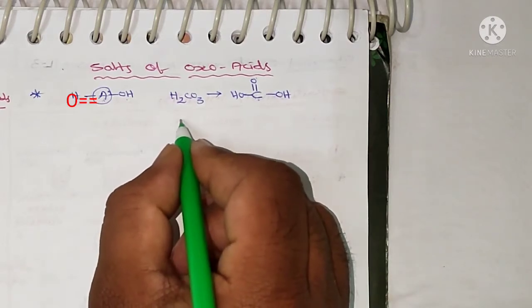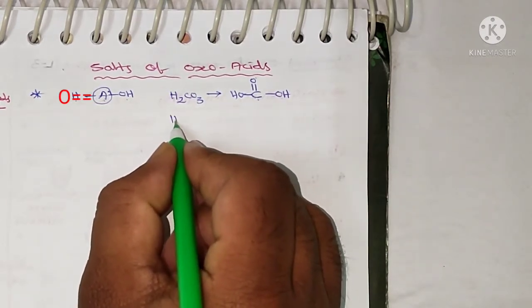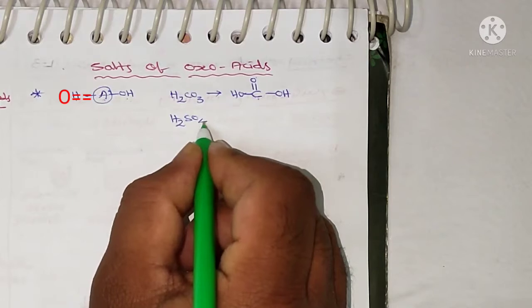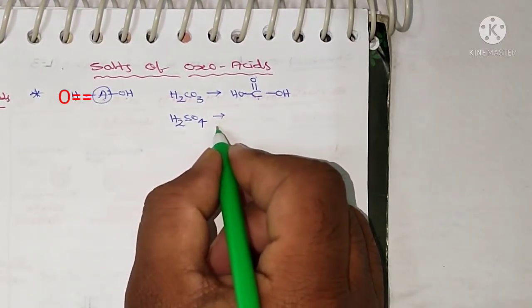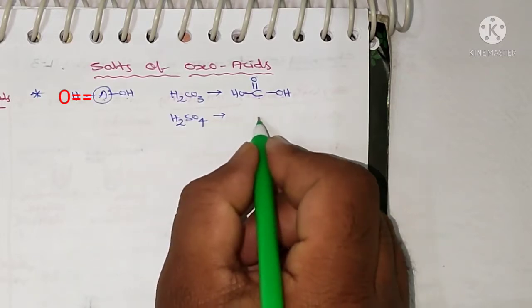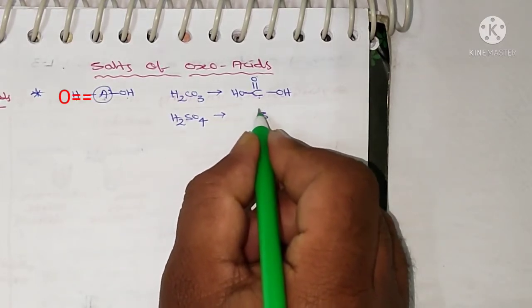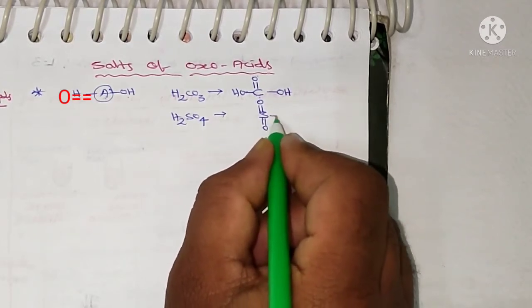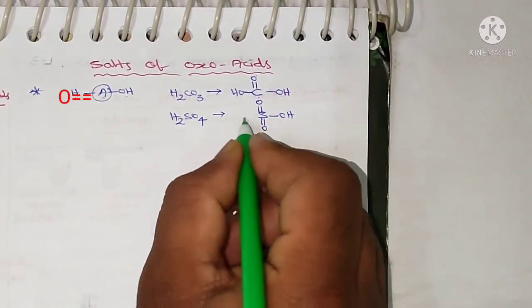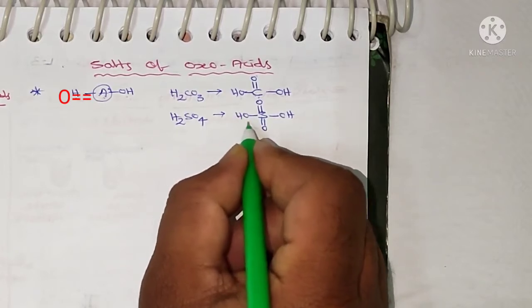Next, sulfuric acid, H2SO4. Sulfuric acid is also an oxo acid. If you see that structure, sulfur is the center atom, with double bond O, double bond O, OH and OH.